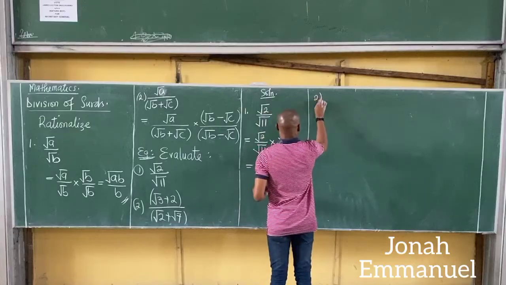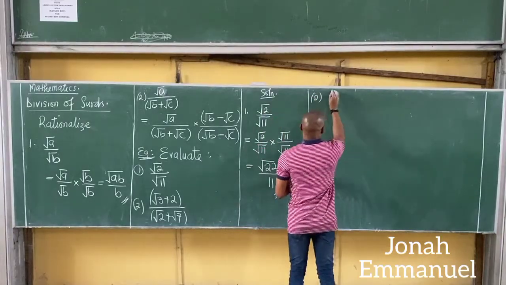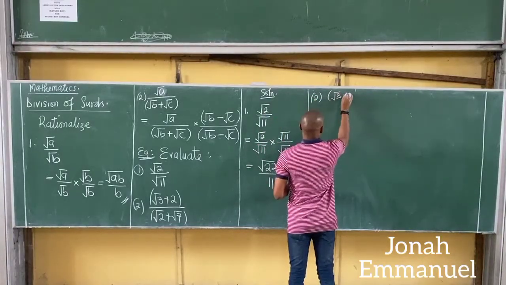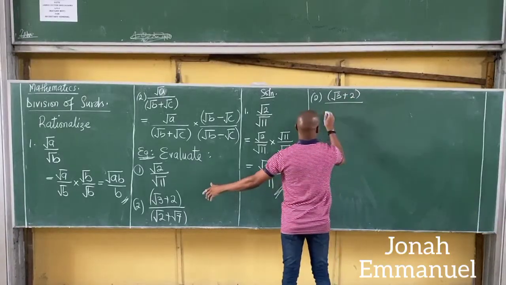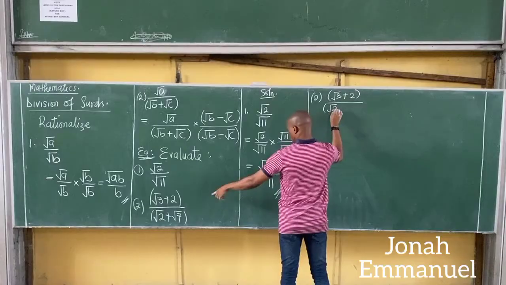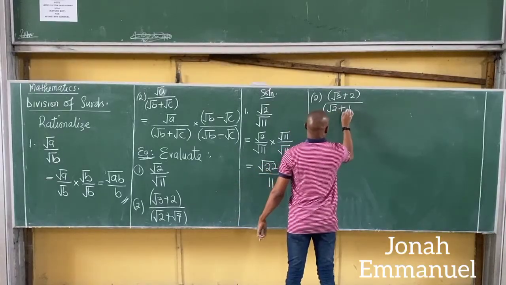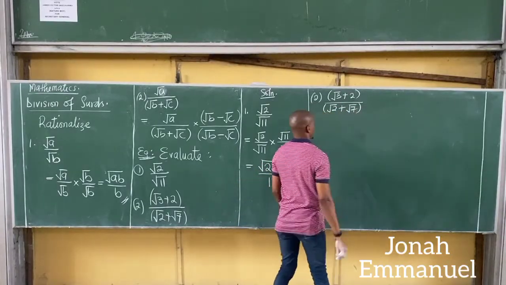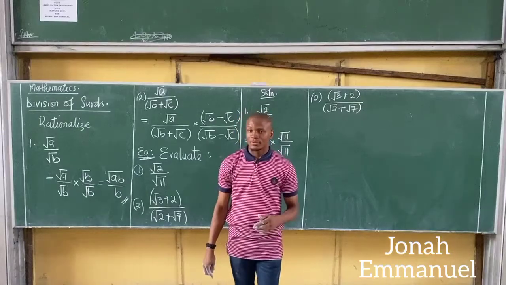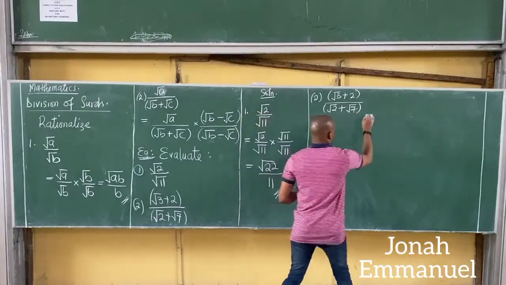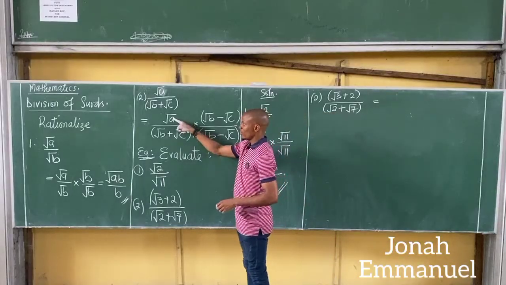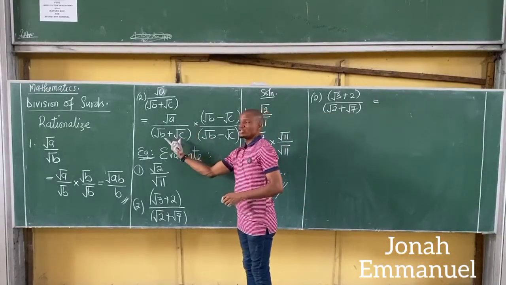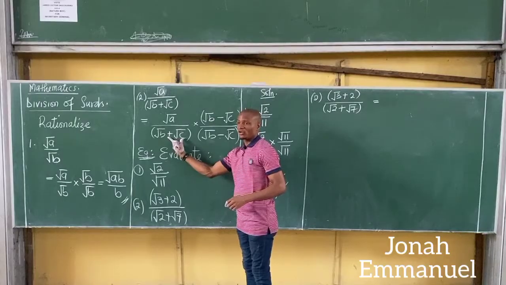Number 2, I'm giving root 3 plus 2, all over root 2 plus root 7. So how do you solve this? We said for a more complex case, multiply numerator and denominator by the conjugate of the denominator.